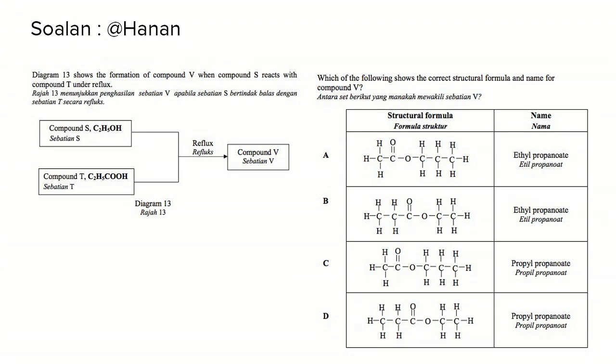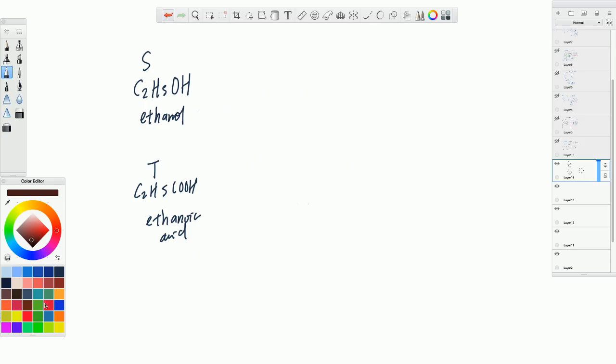Okay, compound T is C2H5COOH. So this is an acid. Okay, how do you know? Because there's 3 carbons, 1, 2, 3. And this is ethanol, you know, because there's 2 carbons, 1, 2.